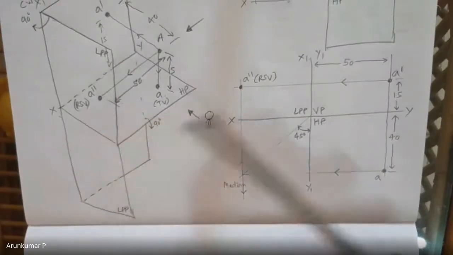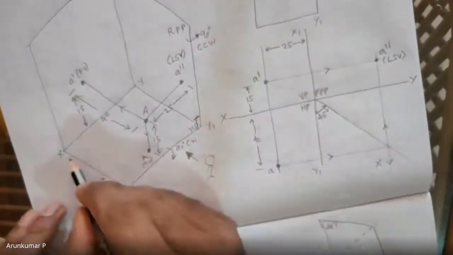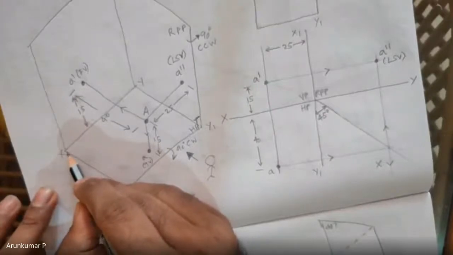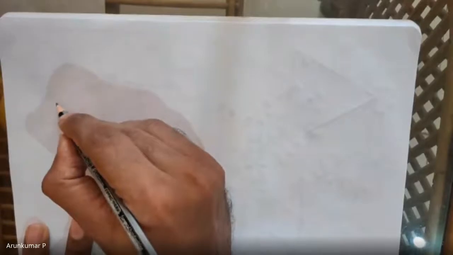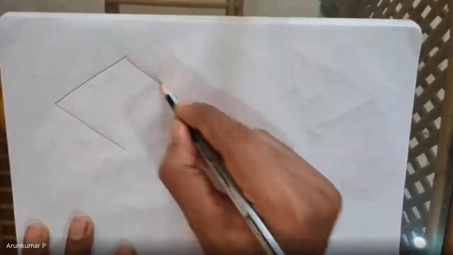Okay. And if you extend, I think I'll draw it separately so there won't be any confusion. So for the fourth quadrant, this is the horizontal plane.